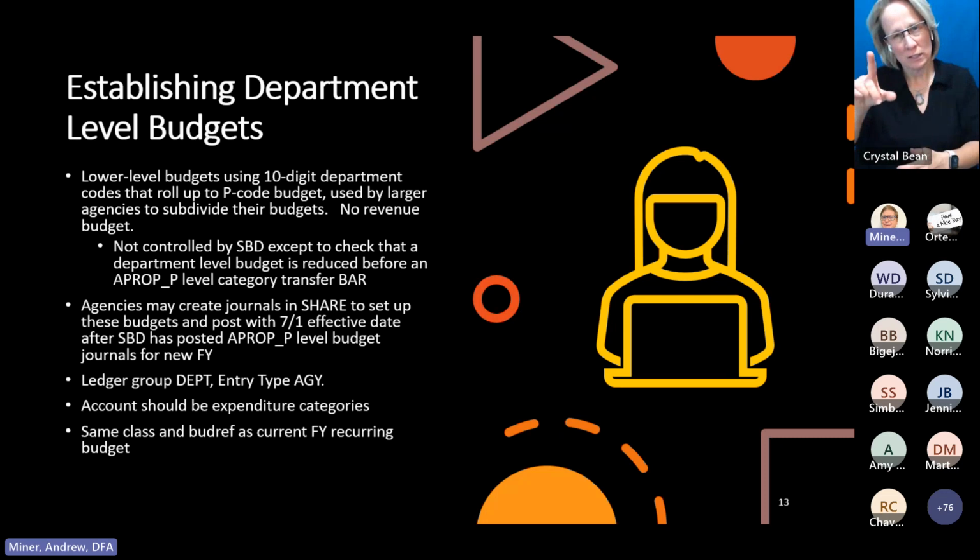These are generally not controlled by us. We only really control the P code level budgets because that's where your budget is appropriated. Really the only time we care about these is those decreases for category transfer BARs. Okay. So you can create journals in Share yourselves to set up your budgets.